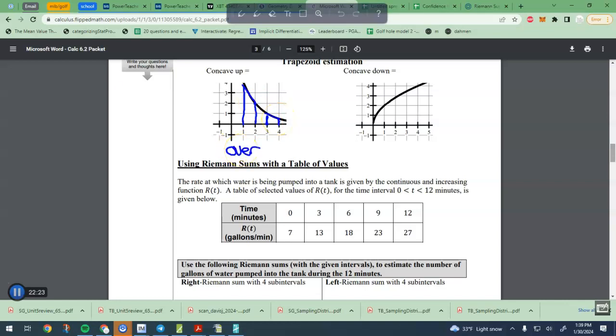Hopefully you can kind of tell that. It's going like that, and I have a point here and a point here, and I draw the trapezoid. It's going to go on top of that part. And then here, go underneath it, right? So that would be under.